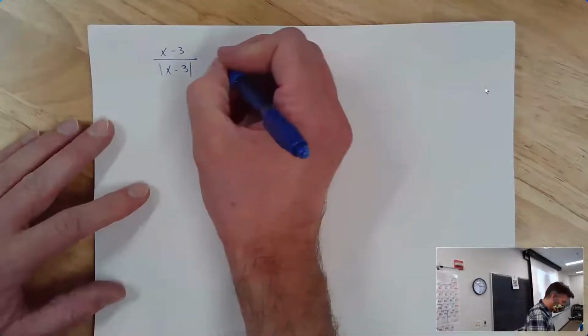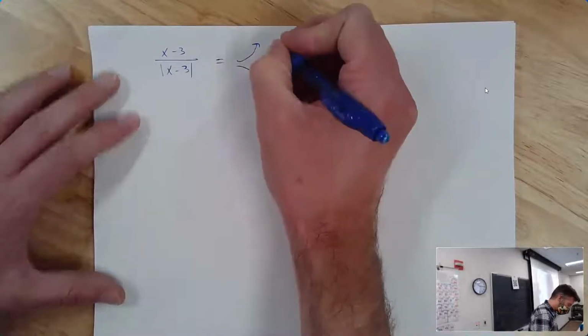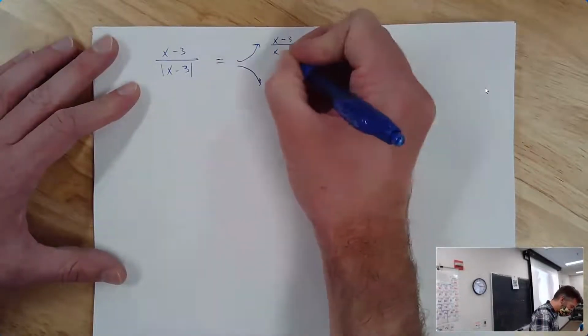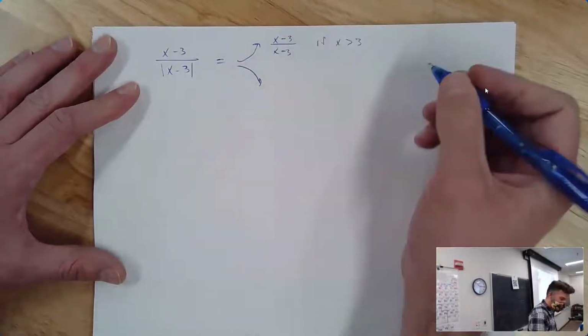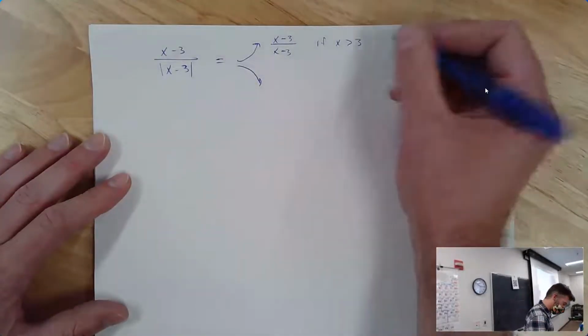This is still equal to two different pieces. It's x minus 3 over x minus 3 if x is greater than 3, which is just 1. I didn't do the square root of 5x part, just to point out what we have here.